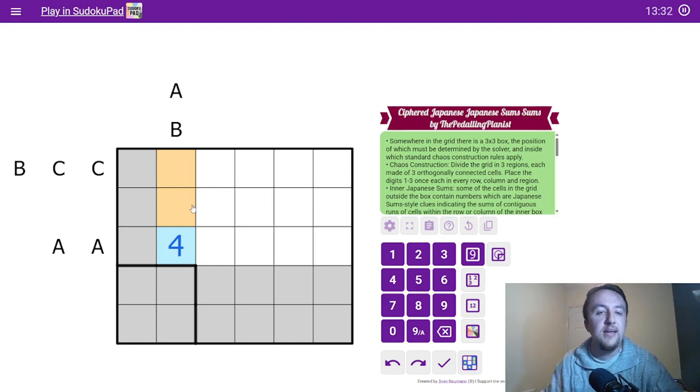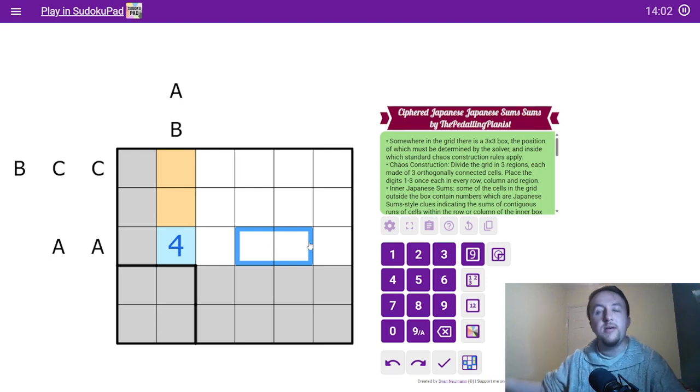Right, now let's look at this AA clue, because we've got a 4 now. We've only got 2 clues here, so we must have 1 string of even digits and 1 string of odd digits. And we actually know now that the odd digits that must appear in the grid, 1 and 3, must be the only odd digits that we get, because they don't echo as Japanese sums clues outside the grid.